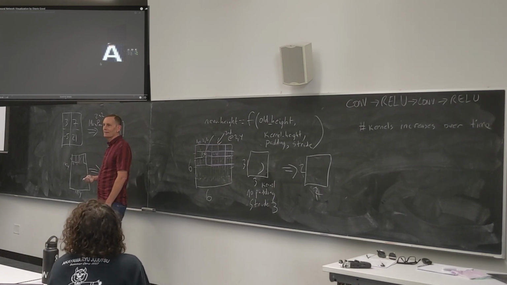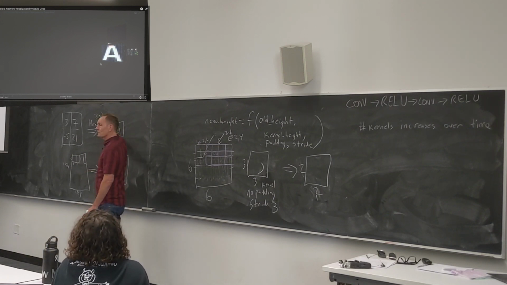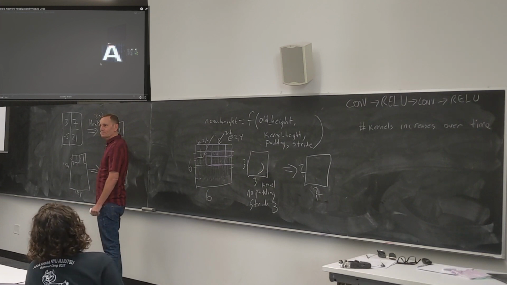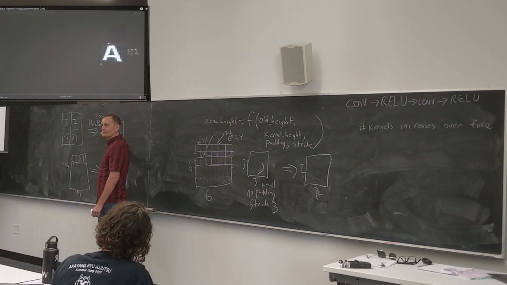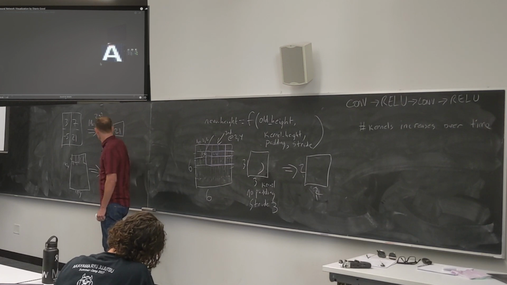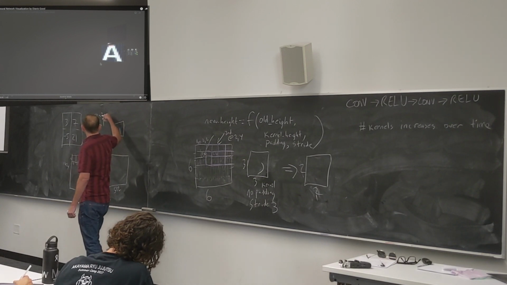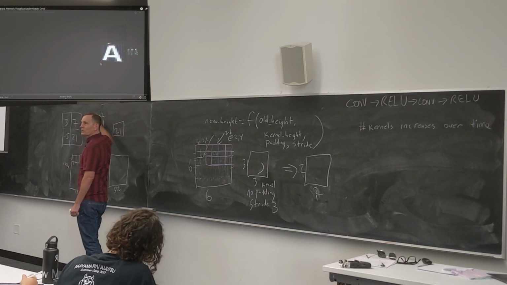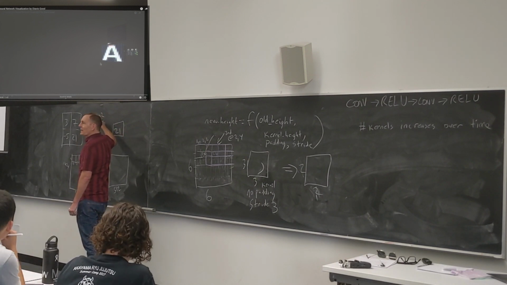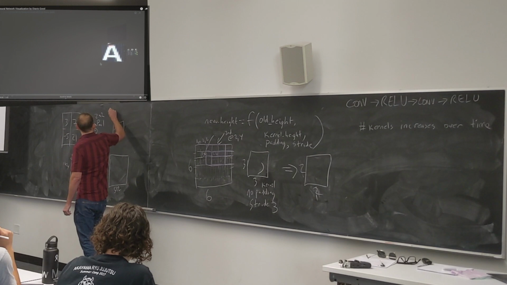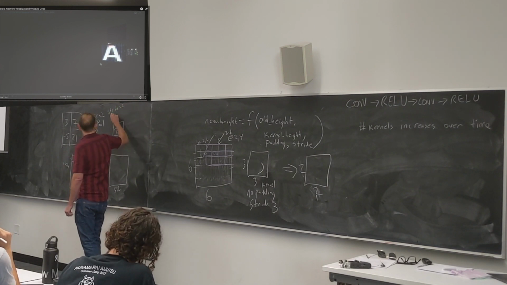We're using a 2 by 2 max pool. Exactly. Effectively, when you do max pooling, if you want to think about it this way, its stride is also 2, and its padding.